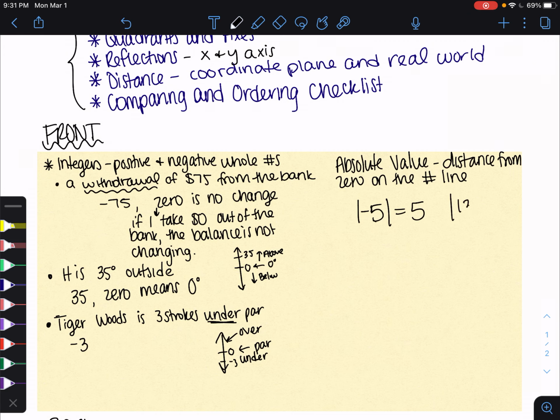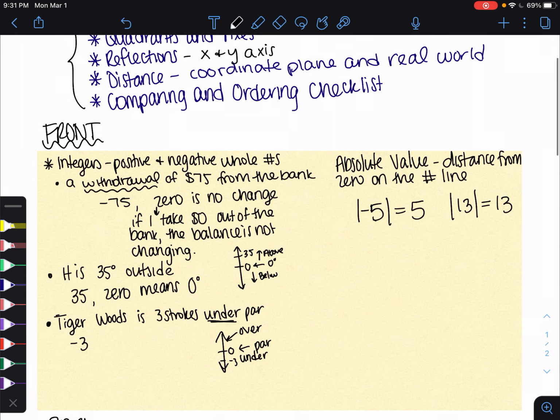If I have the absolute value of 13, it's going to come out as 13. Whatever goes in these bars comes out positive.